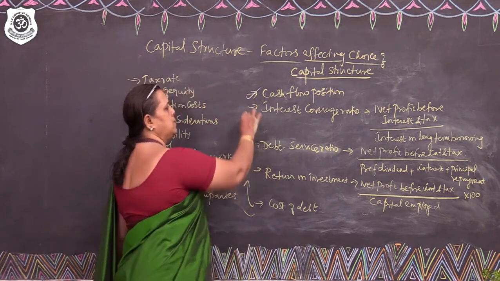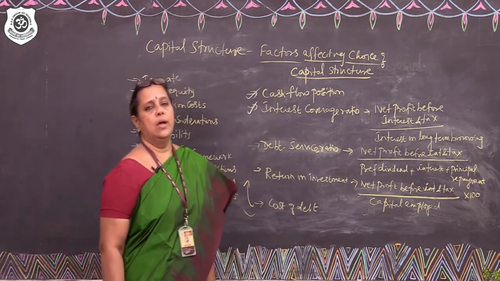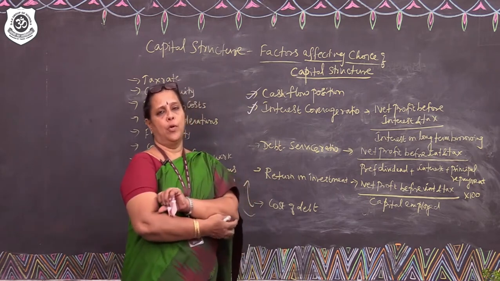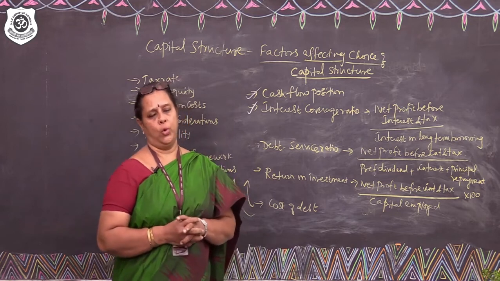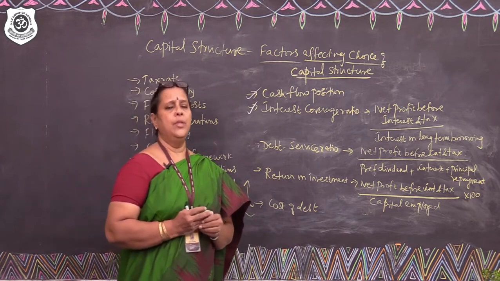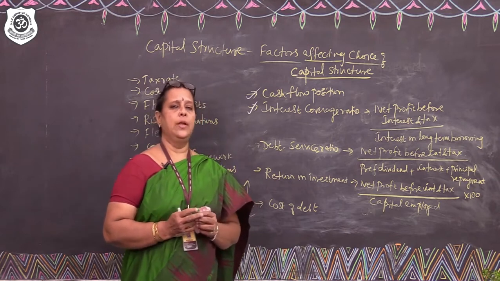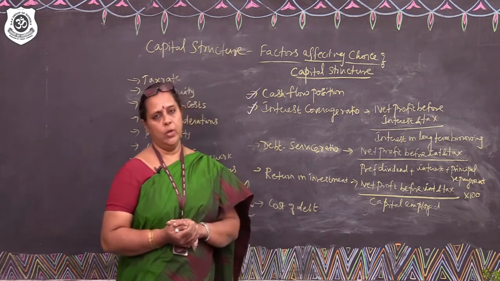The second one is interest coverage ratio. This ratio is calculated to measure the availability of profit to cover the interest on long-term borrowings. If the net profit is higher in terms of coverage of interest on long-term borrowings, the situation of the company is very good.